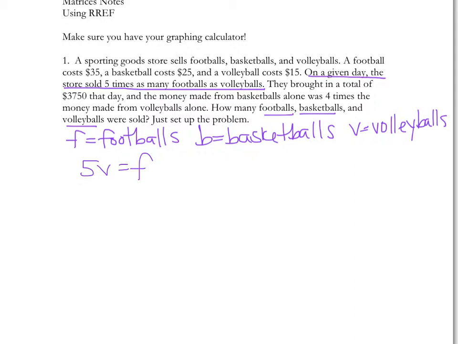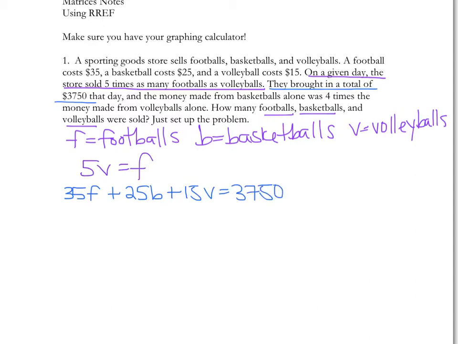The next sentence, they brought in a total of $3,750. Well, I know that the footballs cost $35 each, plus $25 for every basketball, and $15 for every volleyball. That has to total $3,750.